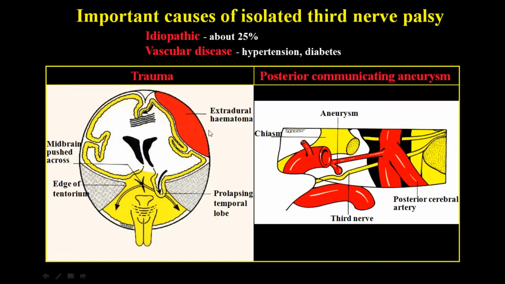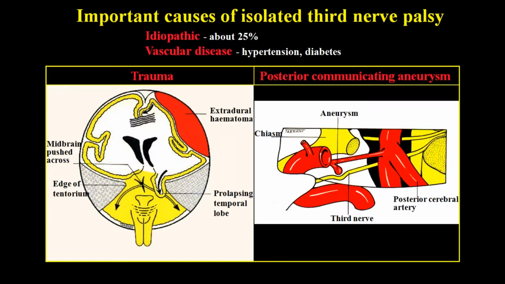If there is an extradural hematoma pressing on the brain, then there is a tentorial herniation. This herniation can also press on the oculomotor fibers, or because of the prolapsing temporal lobe, the patient can have third nerve palsy on that side. If there is an aneurysm along the posterior communicating artery, it can press on the oculomotor nerve, involve the pupil, and lead to third nerve palsy.